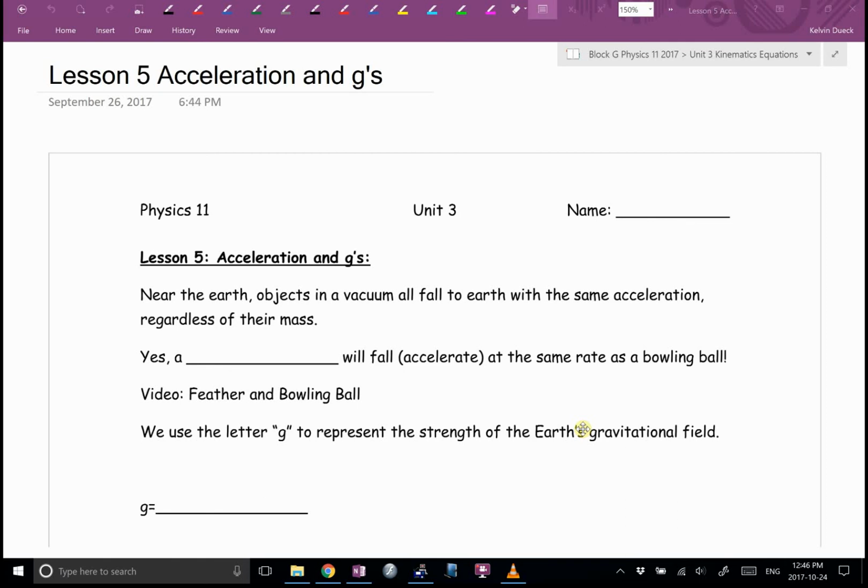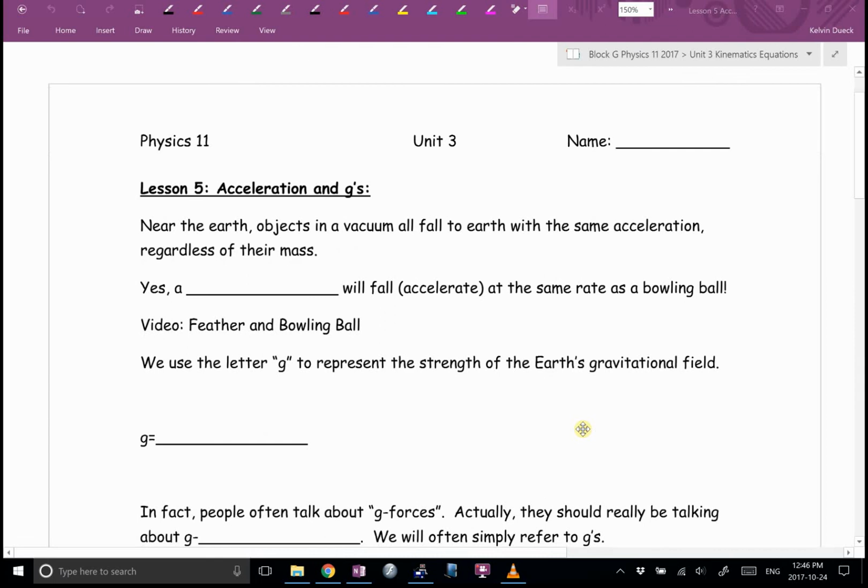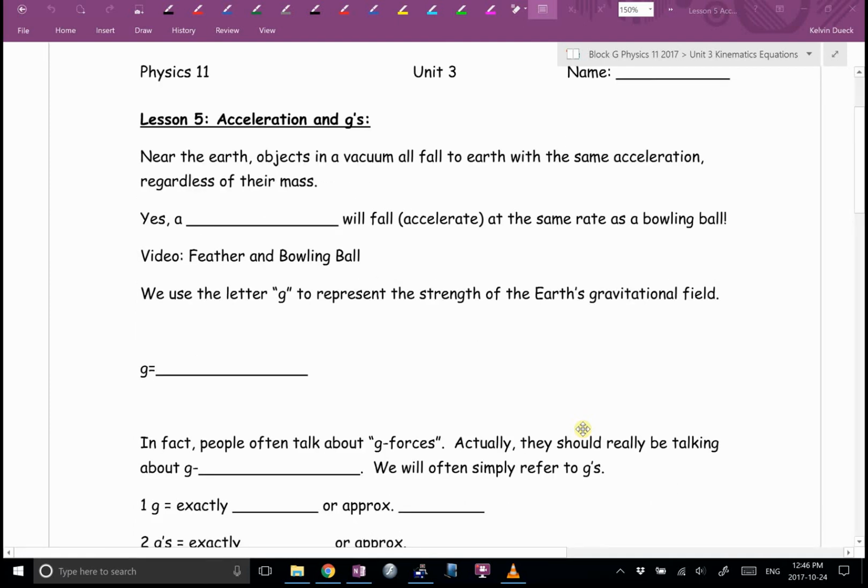Near the Earth, in a vacuum, if we ignore air resistance, objects all fall to the Earth with the same acceleration, regardless of their mass. What that means is, if there's no air resistance, a feather will accelerate at the same rate as a bowling ball. That's true. Colby's giving me a skeptical look.